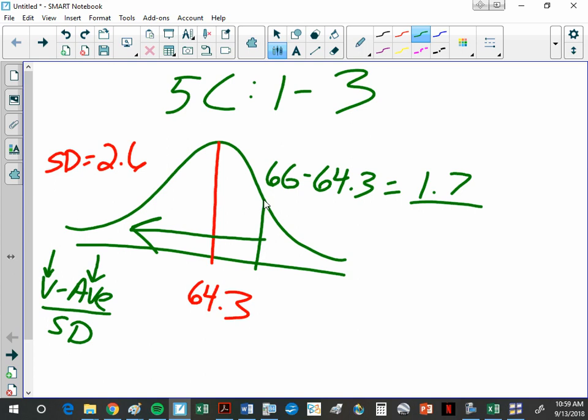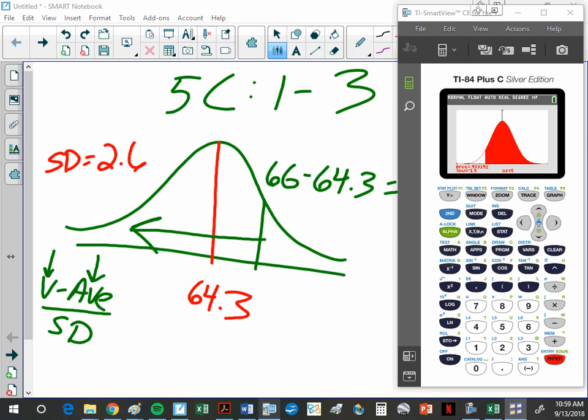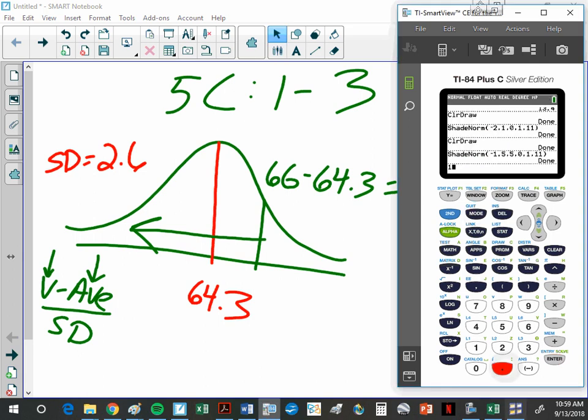Now I need to convert it into a z-score by dividing by 2.6. Seriously? How did my calculator get to the other screen? There we go. All right. 1.7 divided by 2.6. What does that tell me? 0.68 SDs taller than average.